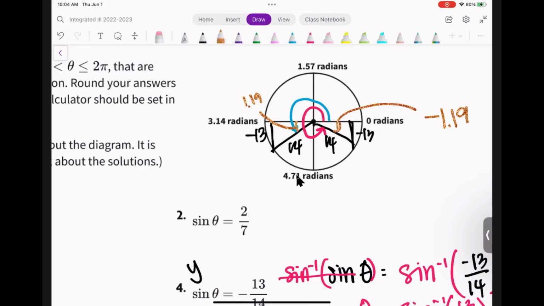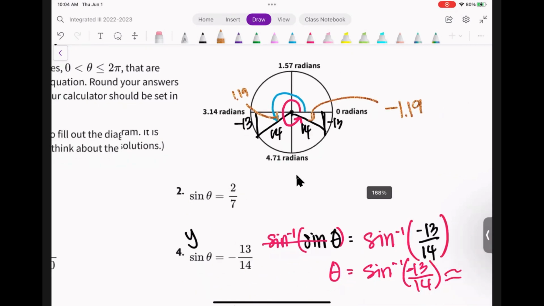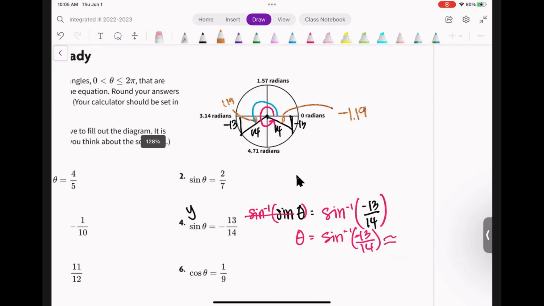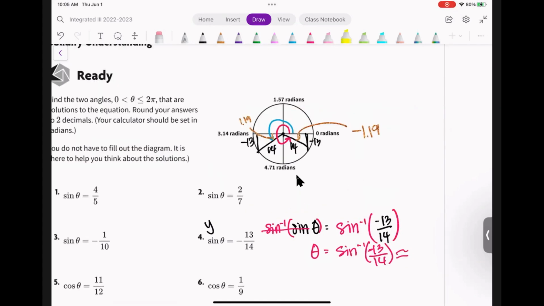How would I find my blue angle? What's the math behind that blue theta? If you were wondering, Ms. Johnson, can I just put negative 1.19 as one of my answers? Actually, no, because they gave you the restriction from 0 to 2 pi, and negative 1.19 doesn't fall in that interval.